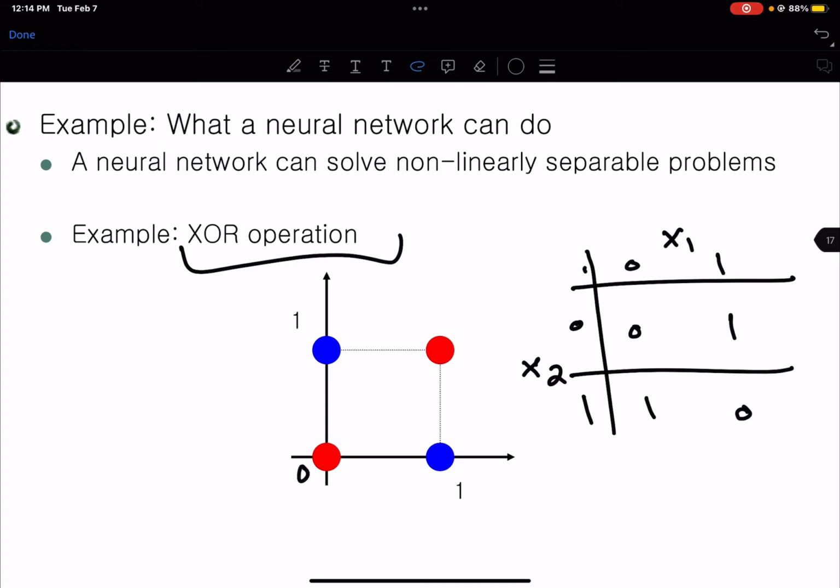So at this point is 0, it is 0 over here, it is 1 here and 1 here. This is your x1 and this is your x2. So when x1 and x2 are 0, 0, the value is 0, like over here.